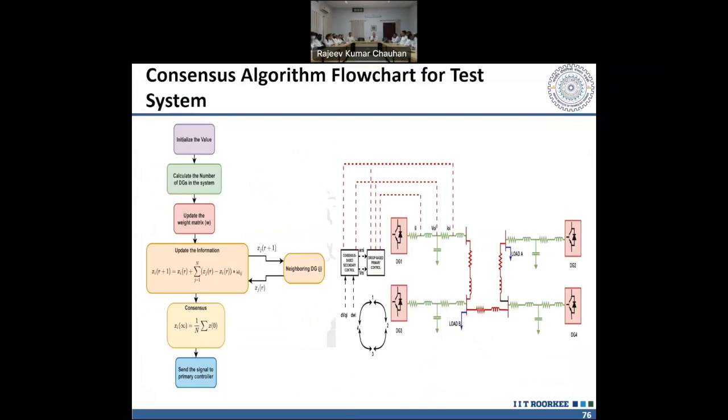So this is my system. Here we have four converters. They are connected to each other with this RL element, and the load is connected at this point.